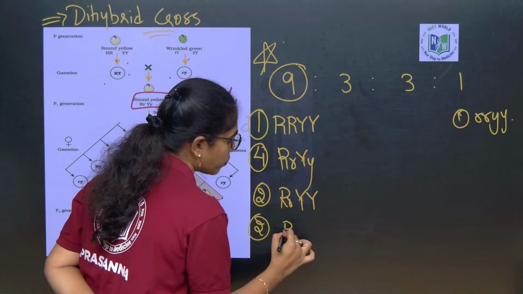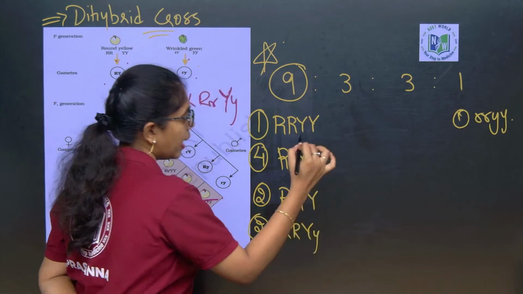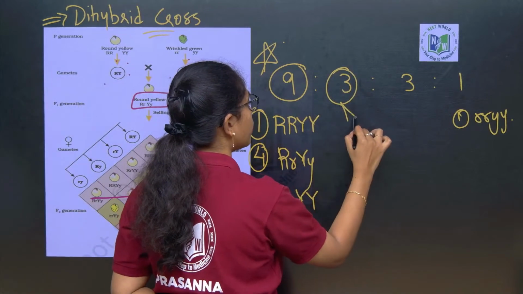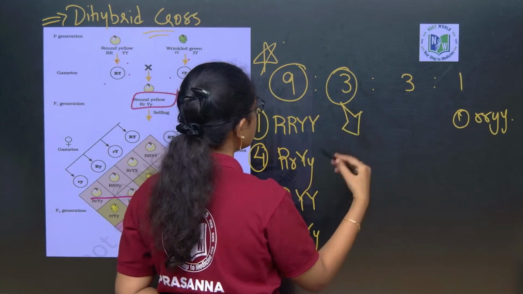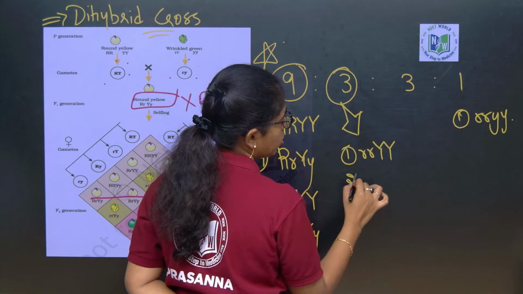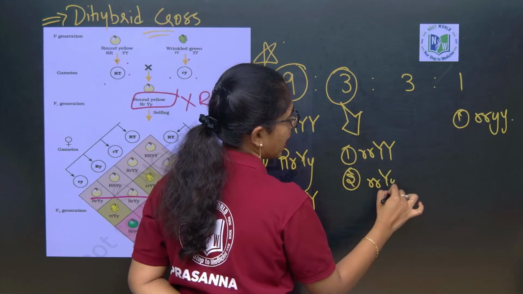Rest 2 again with one homozygous and other heterozygous condition. Clear? And in 3, if you take one homozygous and the rest 2 with heterozygous condition.